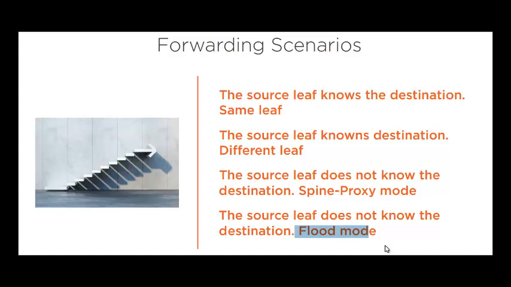Within that bridge, within that VXLAN, all the members will receive it and only one will respond. There may be many leaves involved. All the leaves which have members of the same bridge domain will receive it, and one of the leaves will have the destination which will respond back.